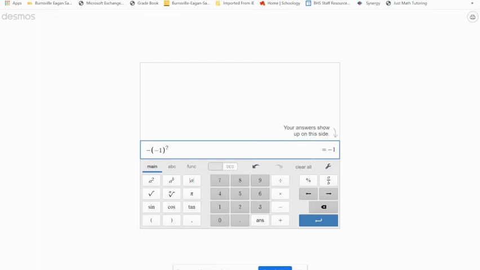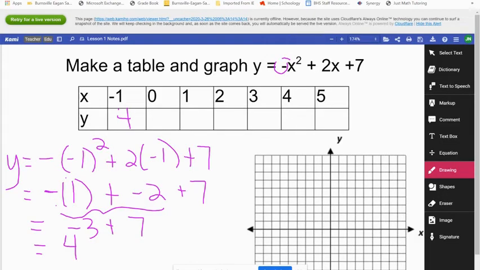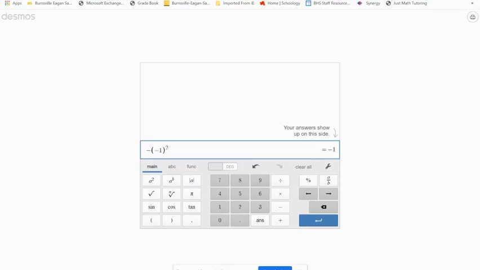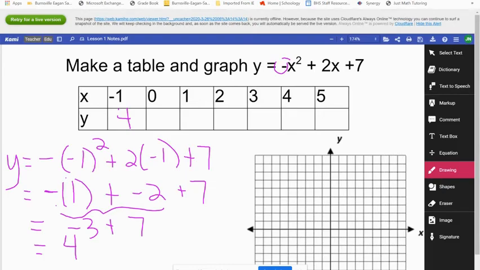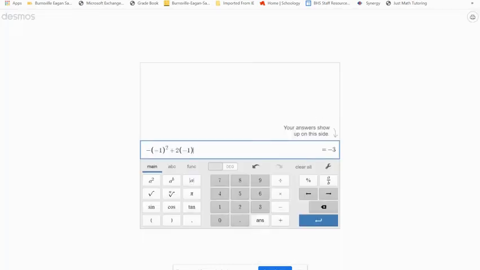Okay. And then we had, I forget what my equation looked like, sorry about that, plus 2 times -1. And the last part of my equation was plus 7. And notice over here is where you see the answer is 4. It's the same answer that I got.